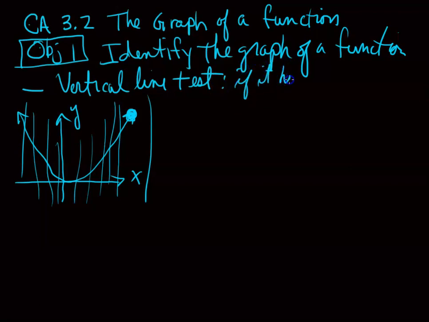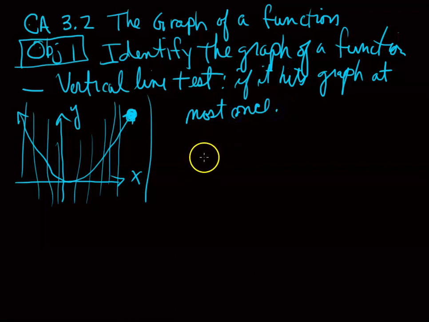If it hits the graph, I'll say at most once, because it can miss it. Now, what this also gives us is the domain.